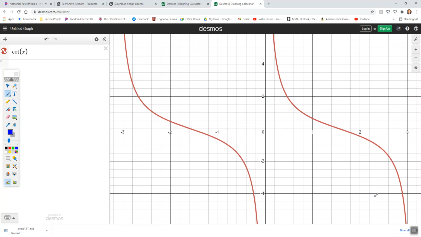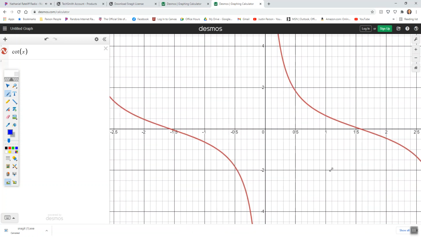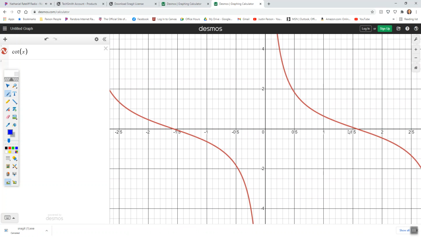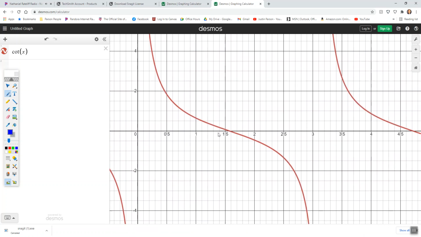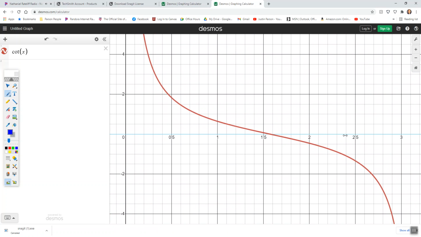Guys, it looks like this function right here has a 0 at what value? Pi over 2, comma what? 0. So it looks like I'm going to be able to start this at 0 and go all the way over to pi for this one, for cotangent.